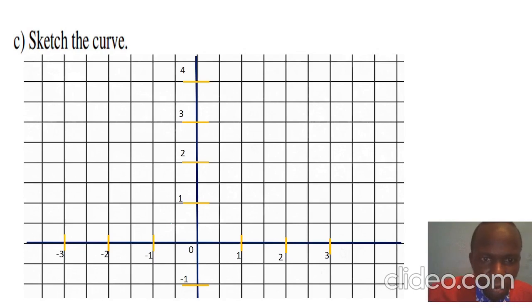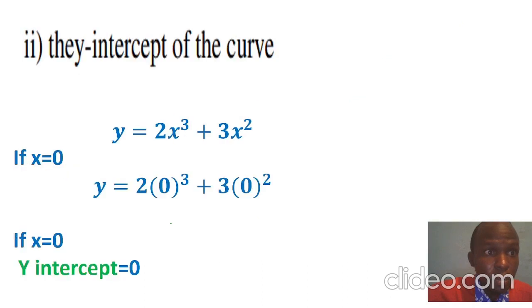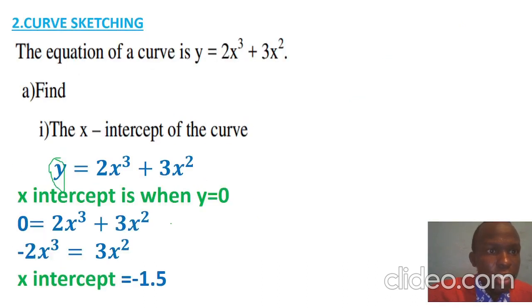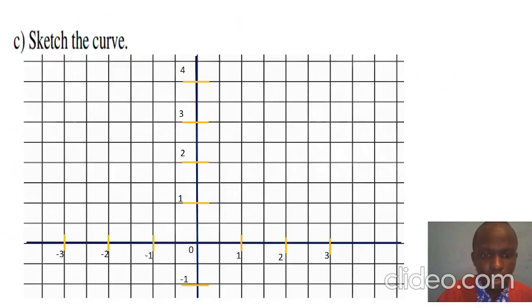I want us to go back to Roman 1, part A, and the curve sketching. What is our x-intercept? Our x-intercept is negative 1.5. So let us mark it on the graph. Negative 1.5. Here is the point. So I have marked that point.